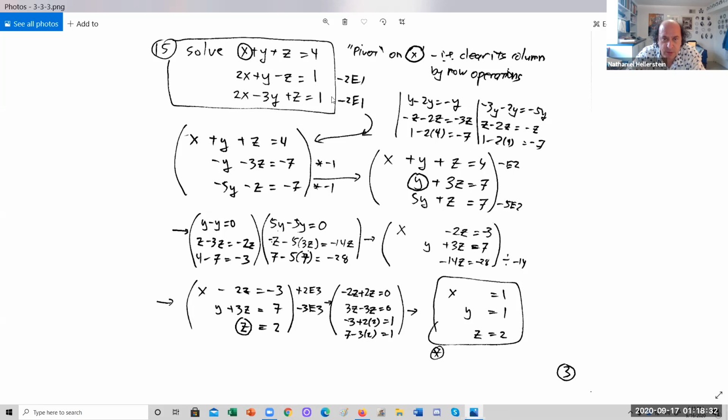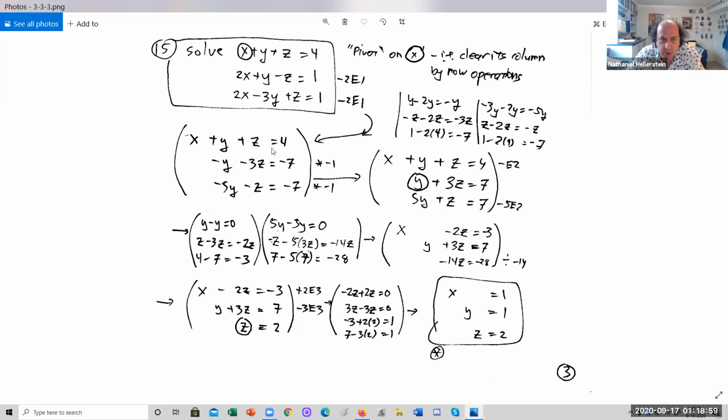The third equation, we'll subtract twice equation 1 from it. 2x minus 2x is a 0, cancels. Negative 3y minus twice y is negative 5y. So we put a negative 5y here. z minus twice z is a negative z, so that goes there. And 1 minus twice 4 is a negative 7, so it goes there.